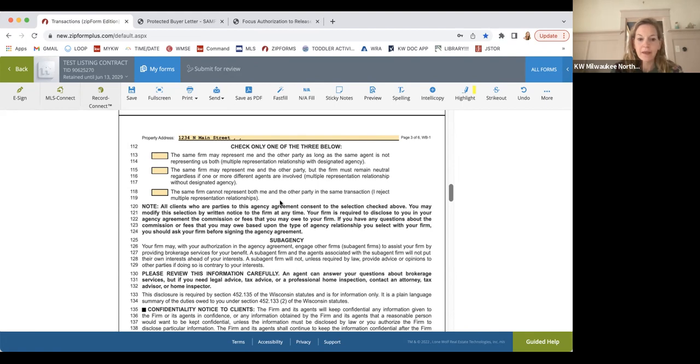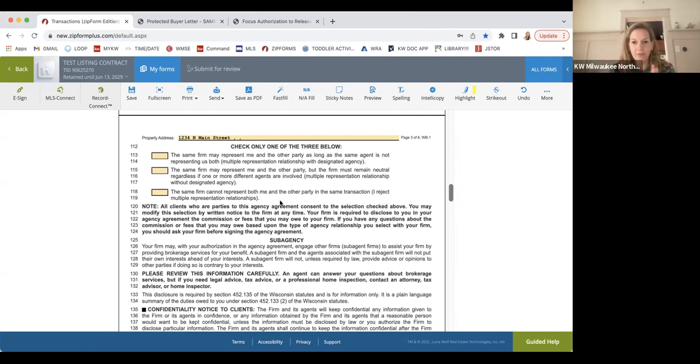So meaning I'm working for my seller, but I'm not able to give them advice or negotiate on their behalf. Joni is not able to negotiate or give advice to her buyers, and we're basically just communicating information back and forth. It's really counter to how we would want to operate with our clients. So this is not ideal at all.